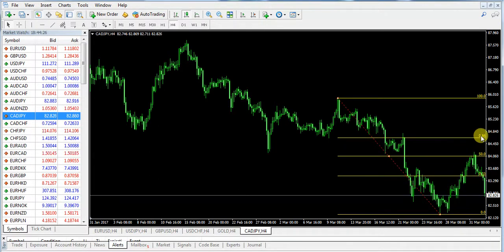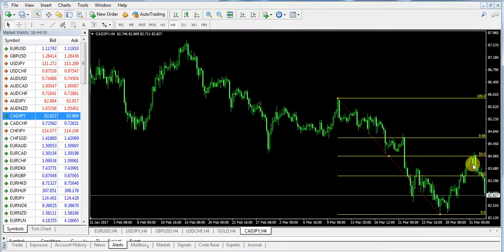Anything above the 66 level, if the market should go beyond the 66 level without forming a top, we know that the probability of us now dealing with a trend change is very high. The probability has now become very high that the market is actually going to go into a bullish pattern and continue in that bullish pattern.